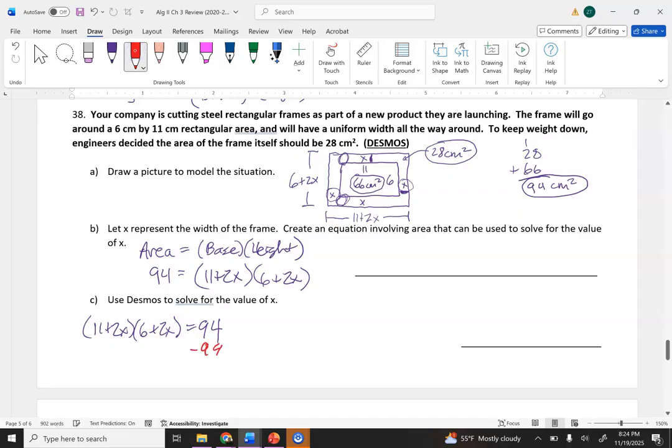Just subtract the 94 from both sides. You don't have to simplify, you don't have to FOIL, you don't have to do any of that. Just leave it as 11 plus 2x times 6 plus 2x, and then simply subtract that 94 on the outside. Now we can just type in the left side of this equation and check to see where it equals 0, which would be the x-axis.